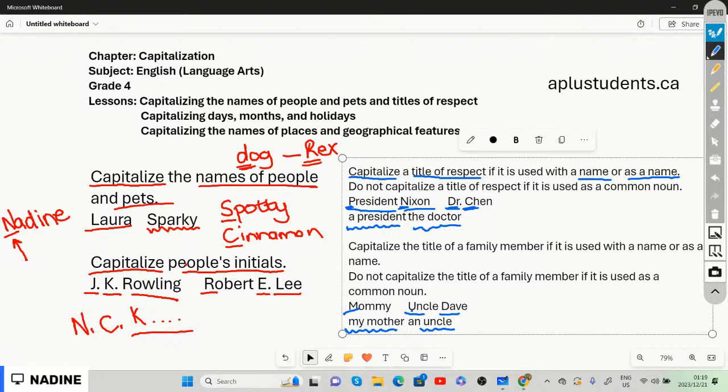So far we capitalize the names of people, we capitalize names of pets, we capitalize titles of respect, and we also capitalize the titles of a family member if it is used with a name or if it is used as a name.